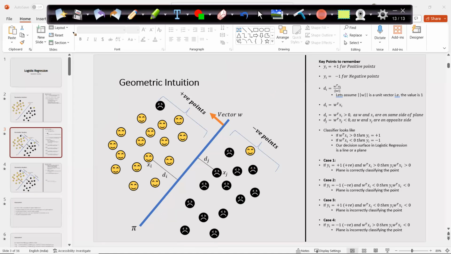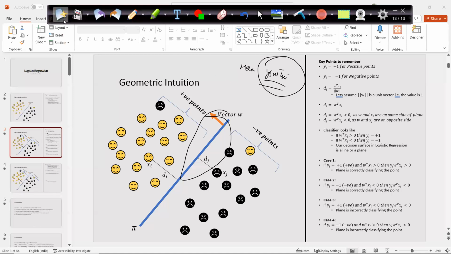So my requirement is that I want to create a plane pi which will maximize yi W transpose Xi. Because when yi W transpose Xi is maximized, that means there are more correct classifications. And when it is minimized, obviously there are more incorrect classifications.